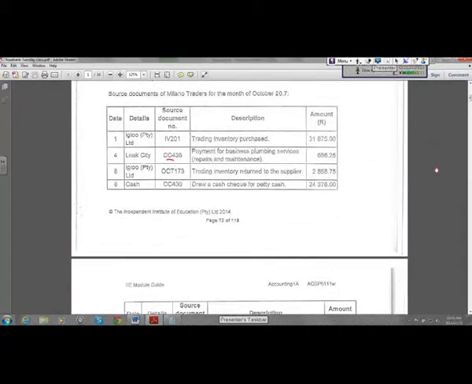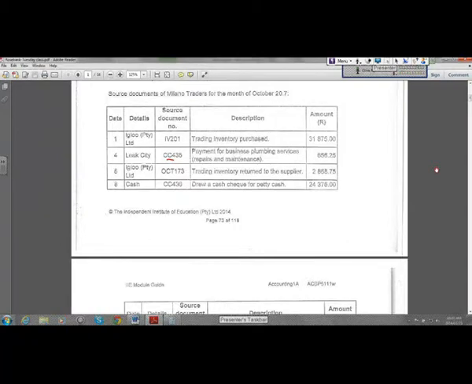All right, so let's look at number 1. So details basically will indicate who we are transacting with. All right, so the date is the date on which the transaction is taking place. And then source document is a document that is given to the person we are transacting with, or a document we are receiving from them.